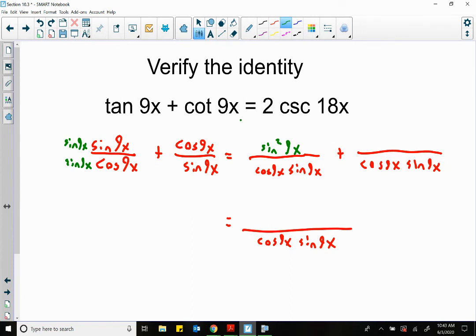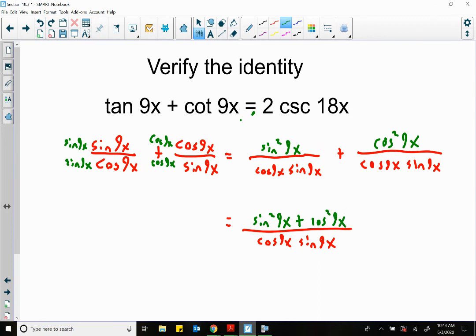So this guy's going to get multiplied by cosine 9x, which gives us cosine squared 9x. So on top we have sine squared 9x plus cosine squared 9x.